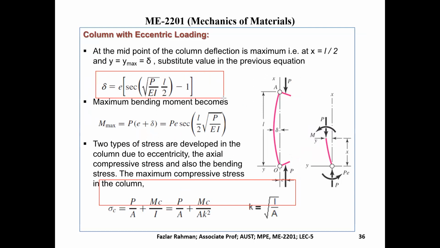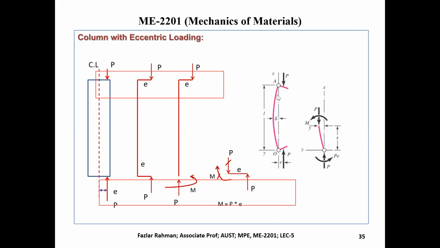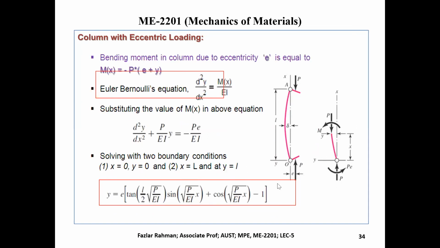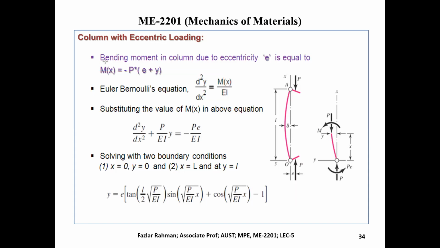So at the middle, what will be the bending moment? You look, at location x we already found this: P into (e plus y). But here y is the distance; at the middle, what is the distance? Delta. So the moment will be minus P times (e plus delta).